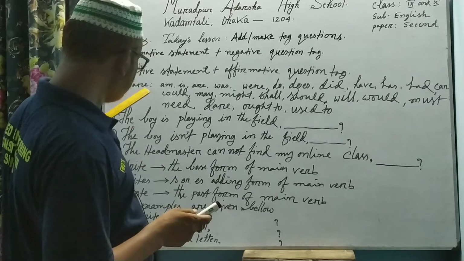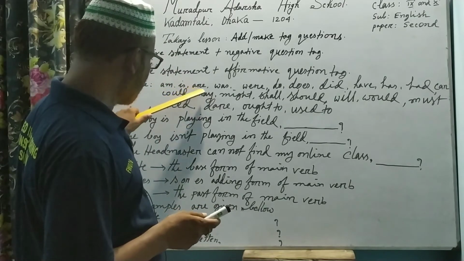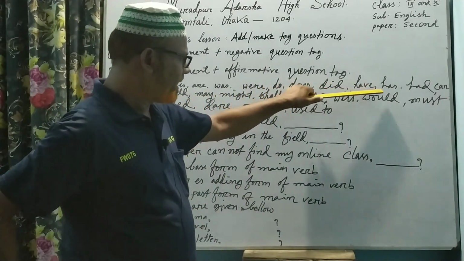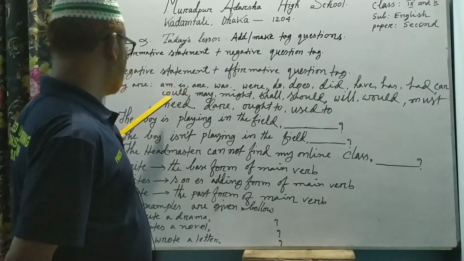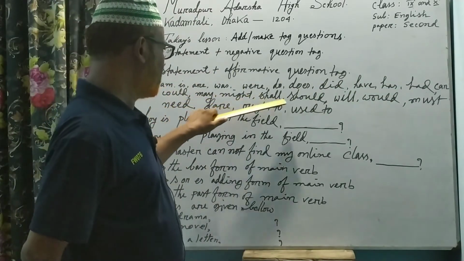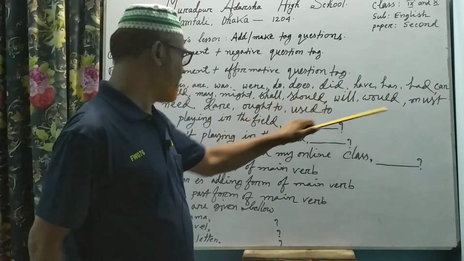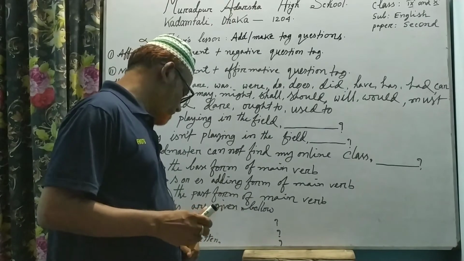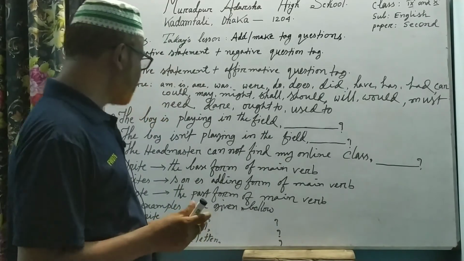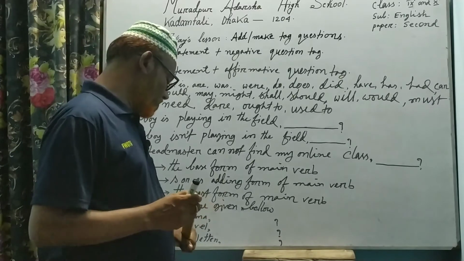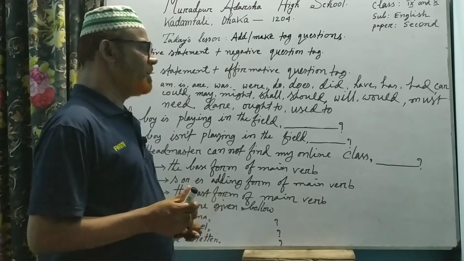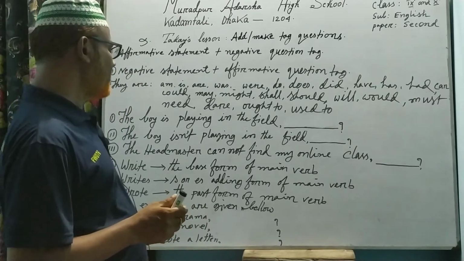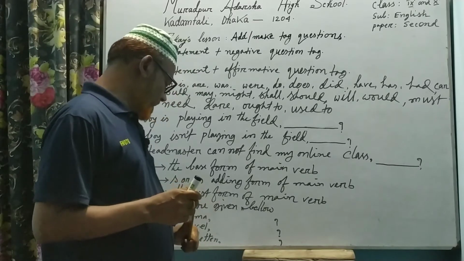They are am, is, are, was, were, do, does, did, have, has, had, can, could, may, might, shall, should, will, would, must, need, dare, ought to, used to. These verbs are called operator also, according to the language of grammar.